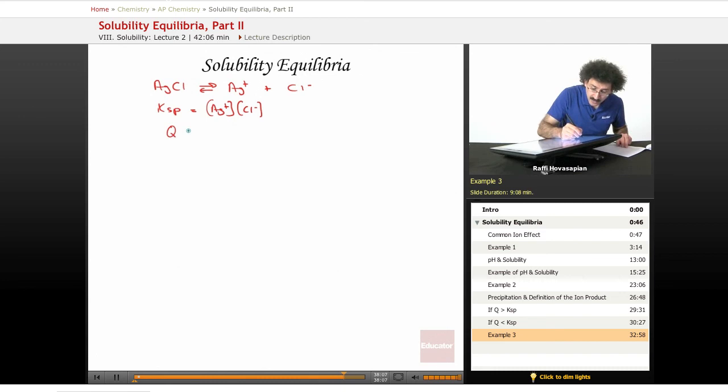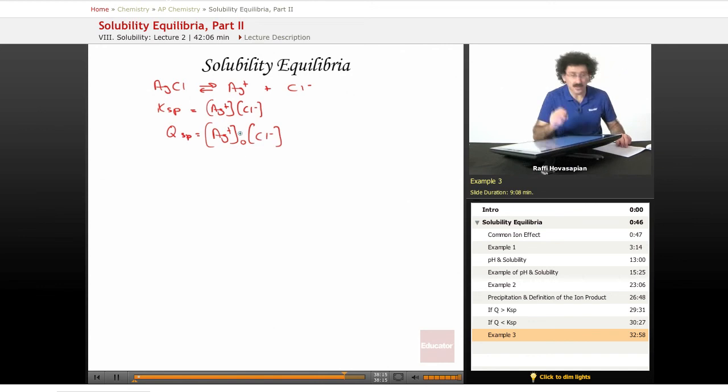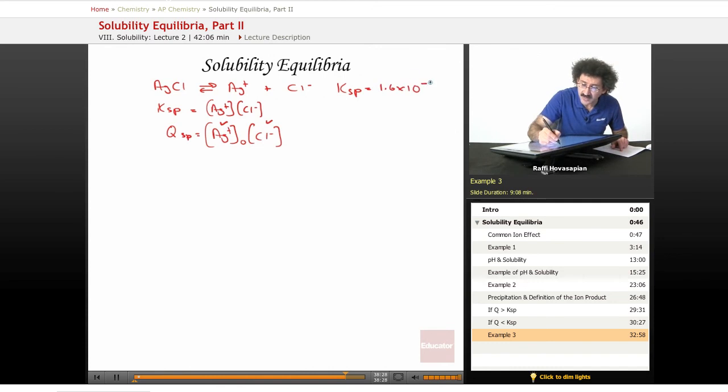Our QSP is equal to the initial concentration of Ag times the initial concentration of Cl. It's the same as that except initial concentrations. Now let's calculate this. We'll multiply them together and see what we get. Let's rewrite the KSP on this page. KSP equals 1.6 times 10 to the negative 10 for our reference. Okay, let's go ahead and move on to blue.